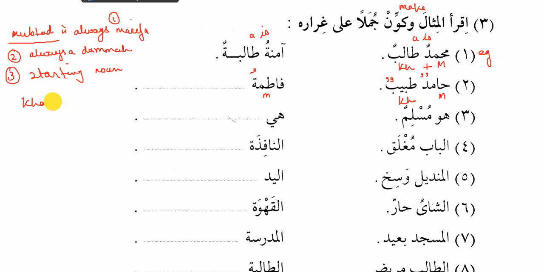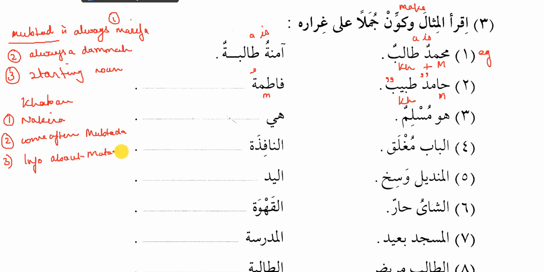Okay, and for khabar, what are the khabar's points? Number one, nakira, and it will come after mubtada. It is an information about mubtada. Then it will be according to the gender. Gender will be the same.